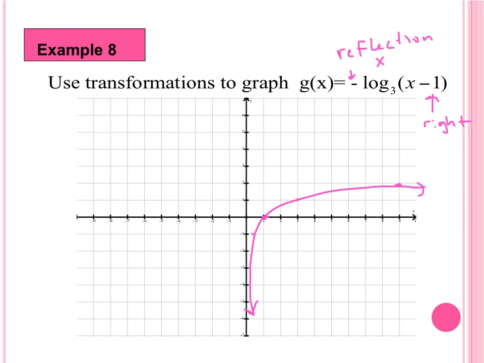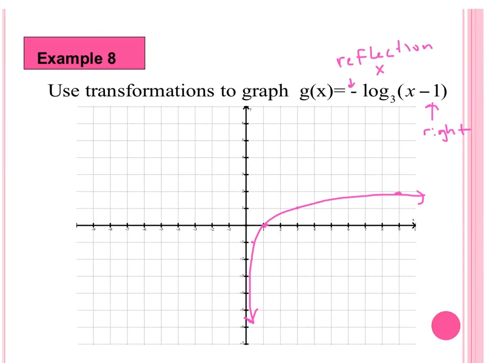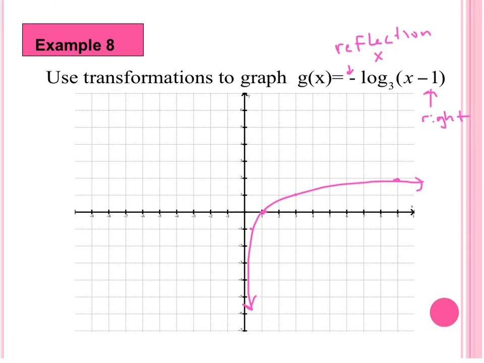So first, we have a reflection, and it's a reflection on the x-axis. So this is the axis that we're reflecting it on. So we are flipping our graph along the x-axis. So this point up here now becomes down here. This point here is now down here. This point stays the same, and then this one goes here.